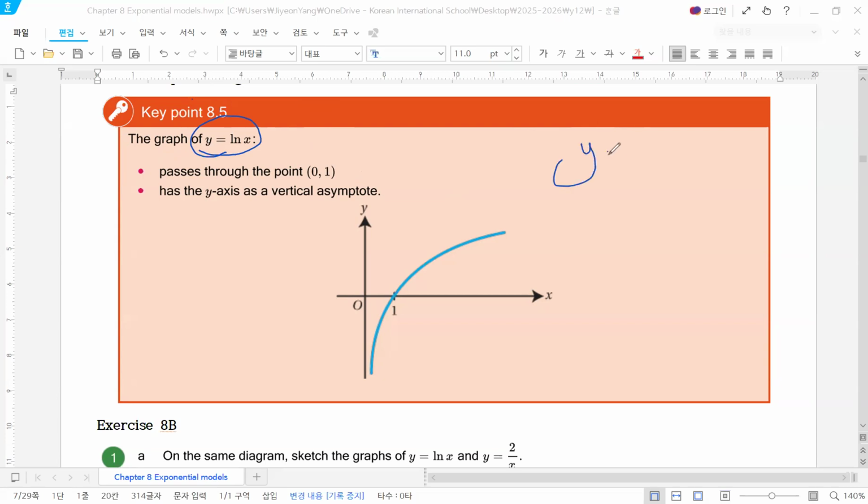Please draw the graph y equals ln x and y equals log x on the same screen. Yeah, the other one as well: y equals log base 10.